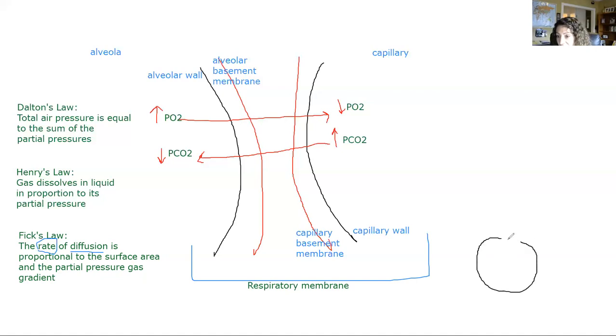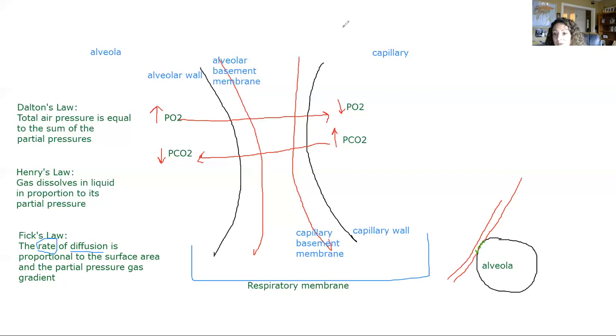So if this is the alveola, and this is the capillary, the respiratory membrane is all of the space here where the capillary meets the alveola. That's where the gas exchange takes place.